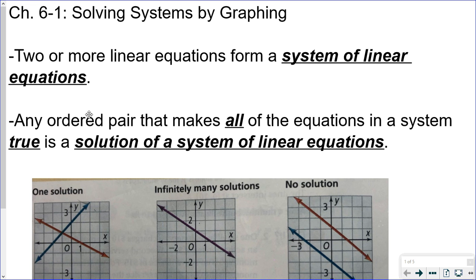Any ordered pair, an XY ordered pair, that makes all of the equations in the system true is a solution of that system. So any XY ordered pair that, when you plug it into the equation, makes that equation true, and does that for all of the equations, we call that the solution of the system.